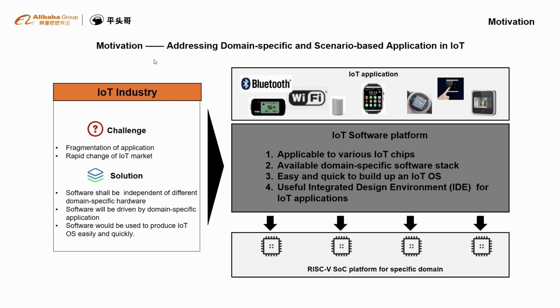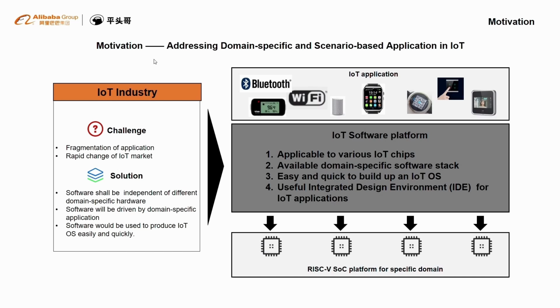It should be able to quickly reshape itself to cover sensor, Bluetooth, Wi-Fi, audio, and multimedia, whatever the application is. Second, it must contain a domain-specific software stack to cover special functions or applications required in IoT, being able to do AI acceleration, audio processing, mesh networking, or even motor control.